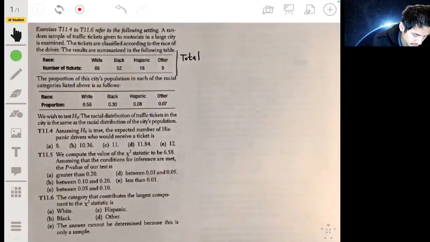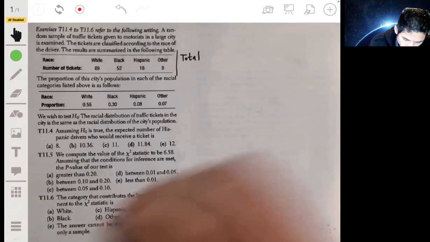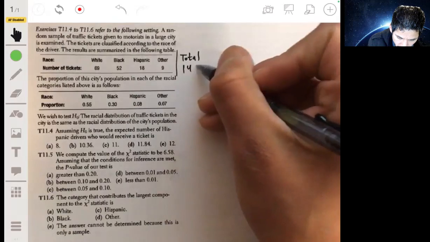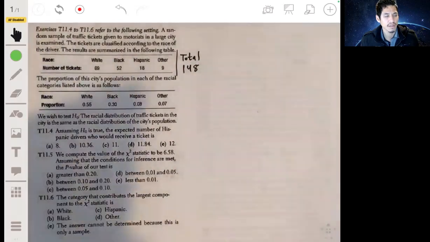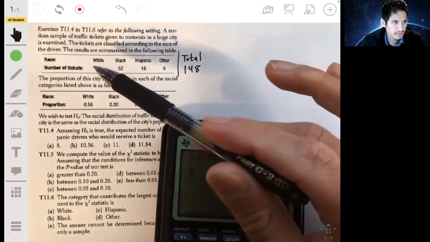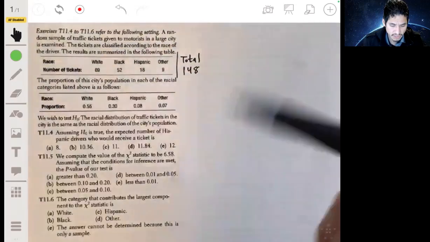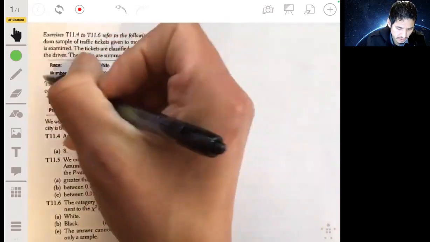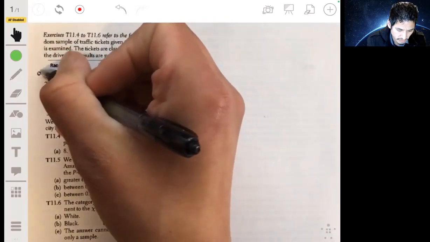If we add all those up, we'll get 148. These are the observed values.